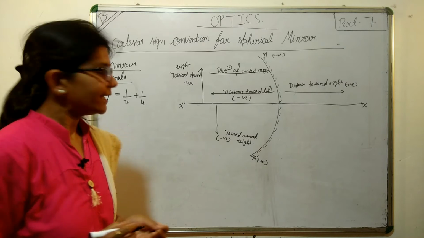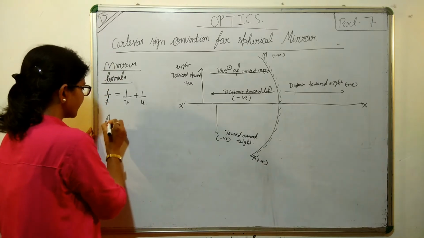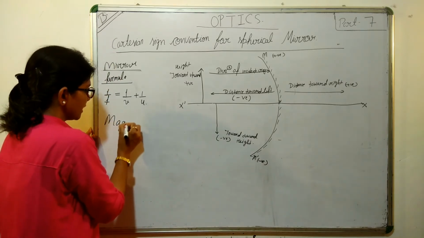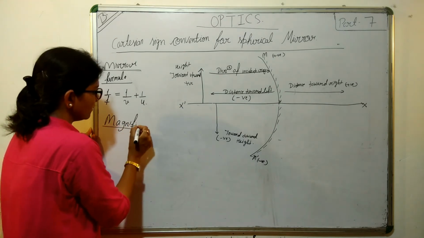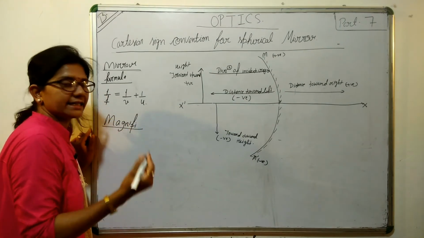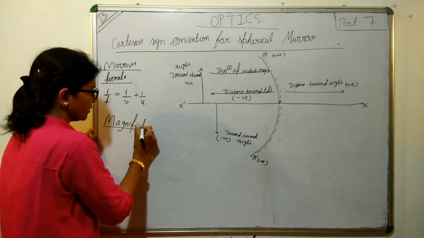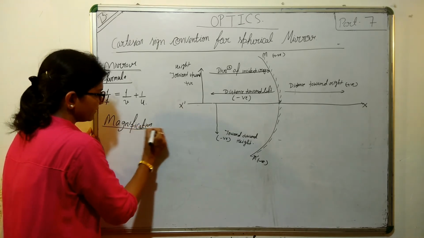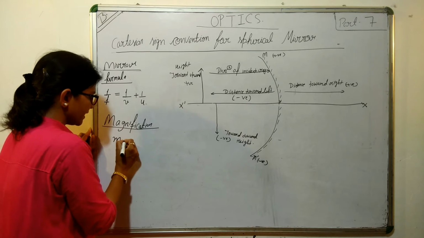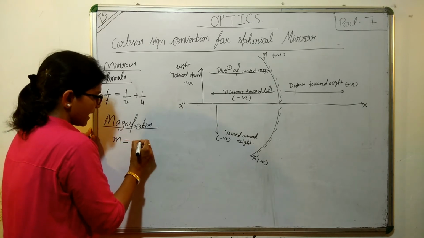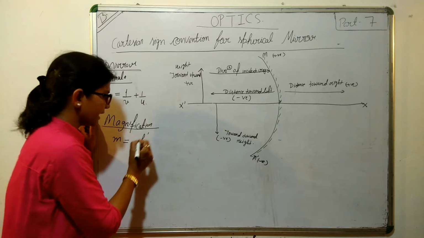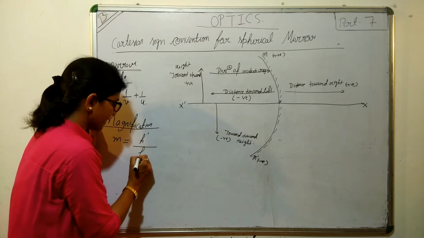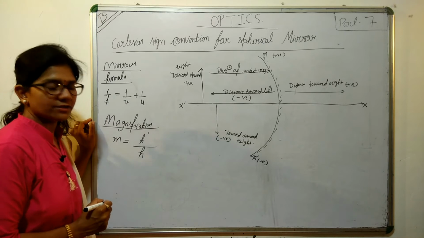So the next is your magnification. It means the size of the image relative to the object. So what is this magnification? It is m is equal to h dash, the height of the image, by h, the height of the object.